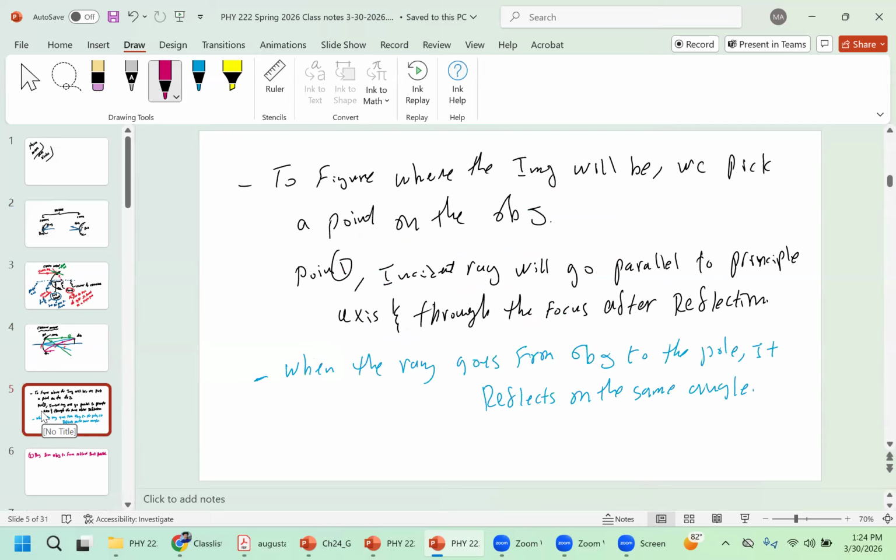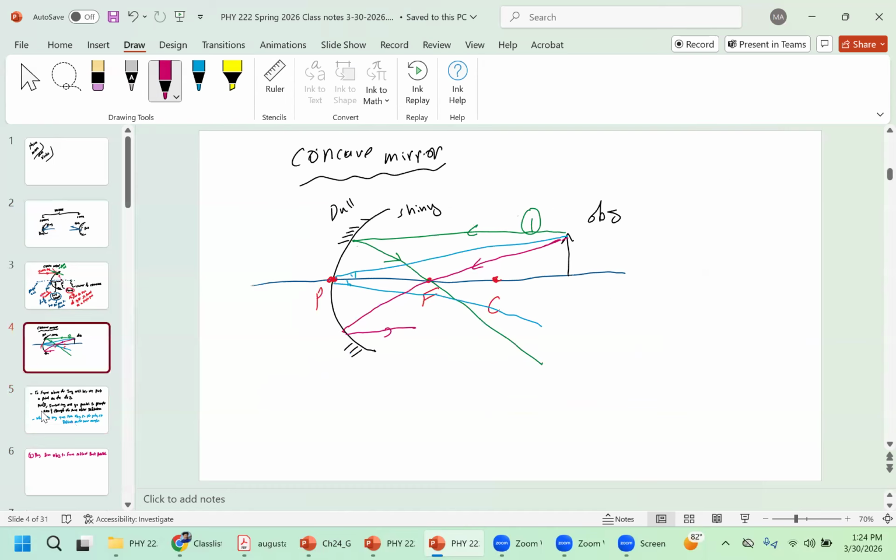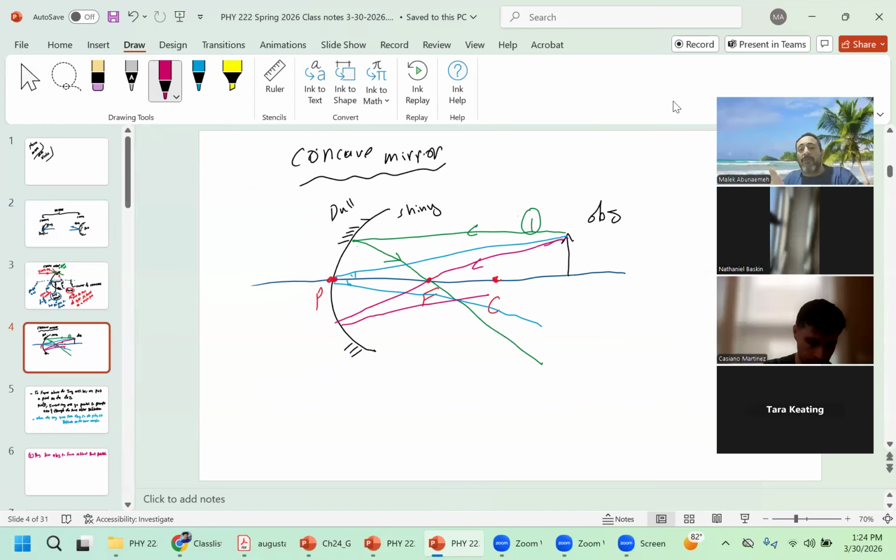Okay, I'm good. All right. So basically, we have two of them, right? If you go in to the focus, it goes back parallel. Now, again, you got two of them. Are you all with me so far?